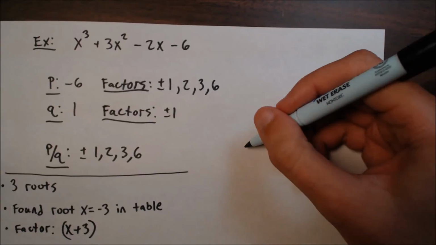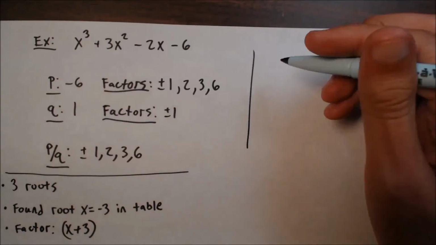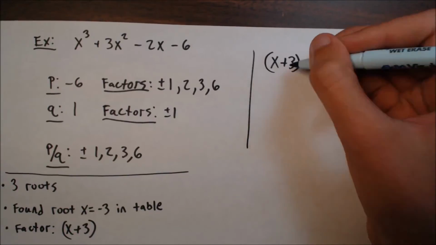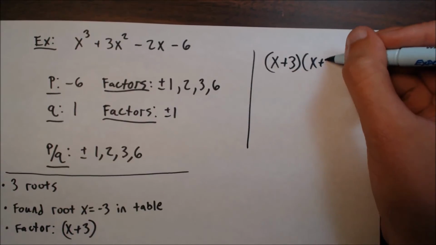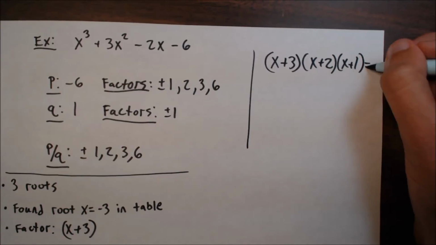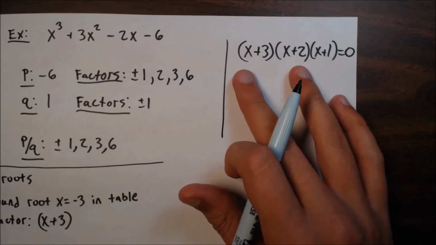Why is that? Let's come up here for a second. Suppose I had a polynomial, and that's probably not going to be this one, but let's suppose I had a polynomial that factored like this. I'm just going to make some numbers up. Remember that we solved equations by factoring.